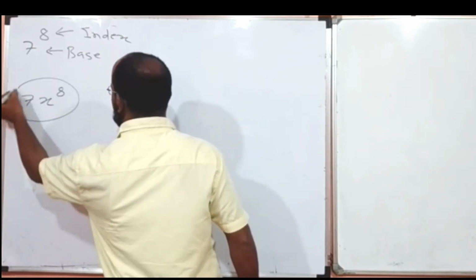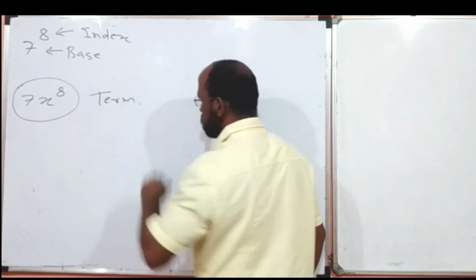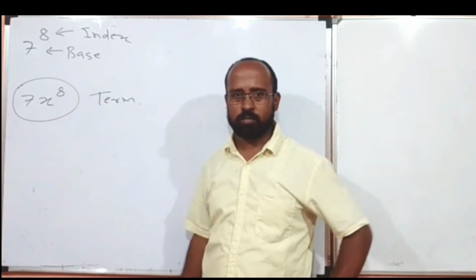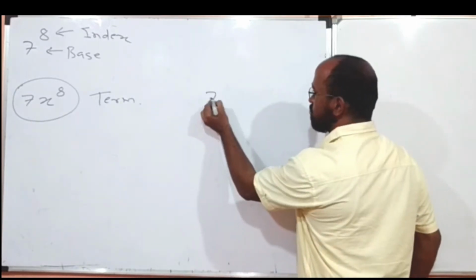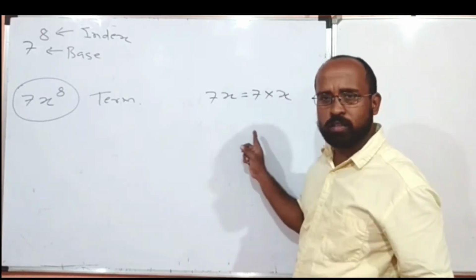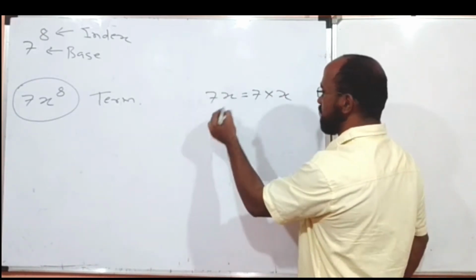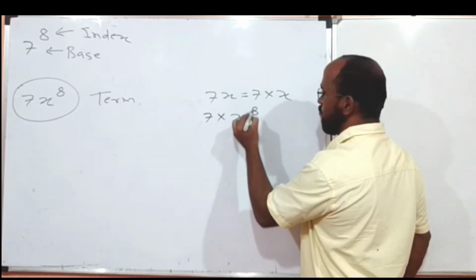This total thing is called a term. I hope you are aware that 7x means 7 multiplied by x. So 7 into x raised to 8 means 7 multiplied by x raised to 8.